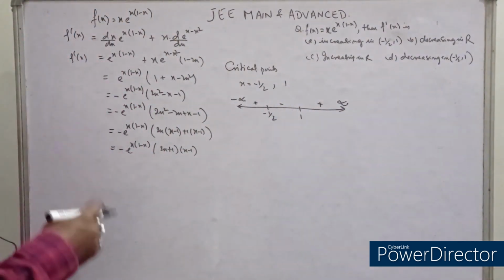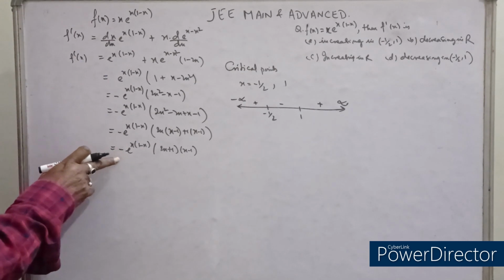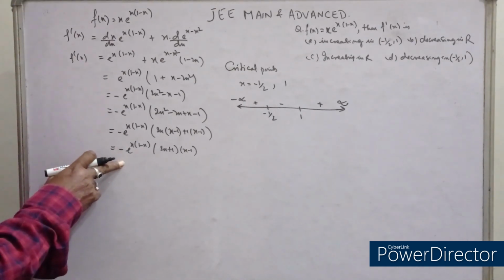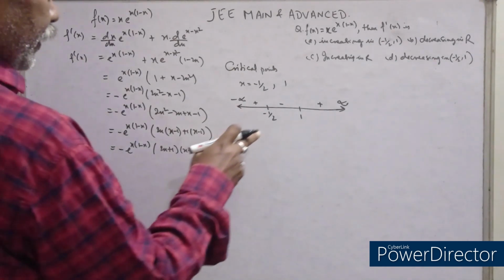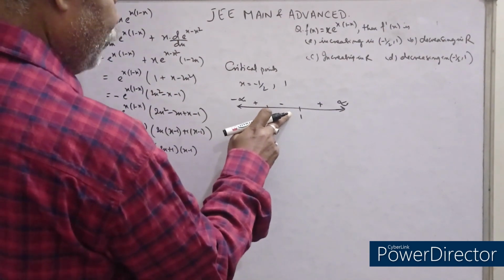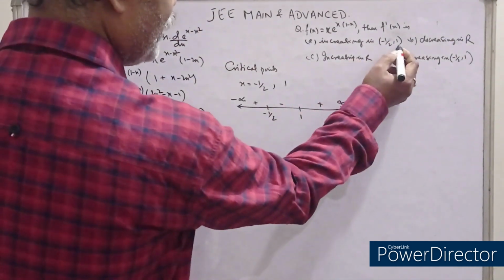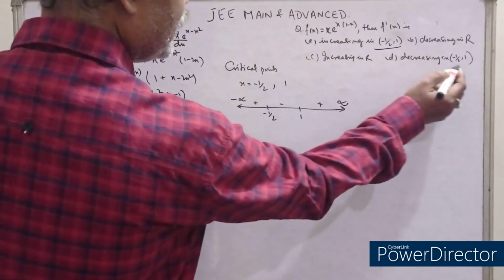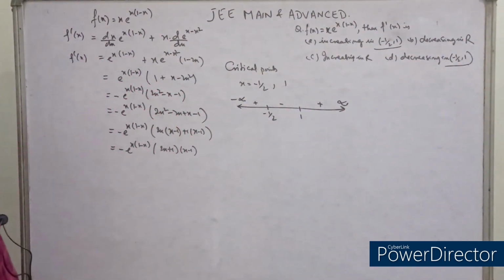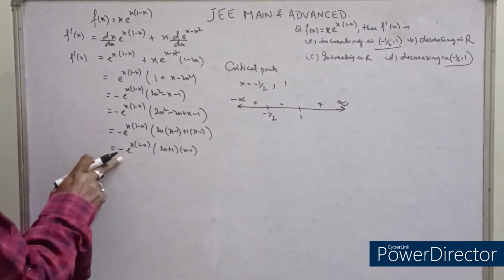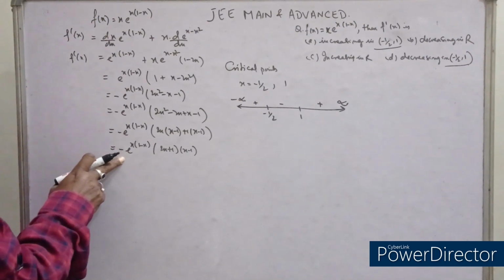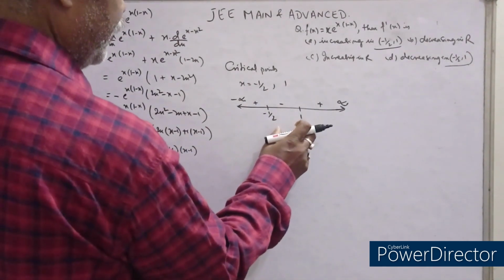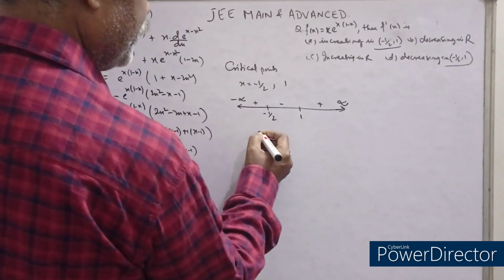So here since this is minus, I am going to see also the option given to me. Since your f dash x was minus, this portion will be the increasing portion.